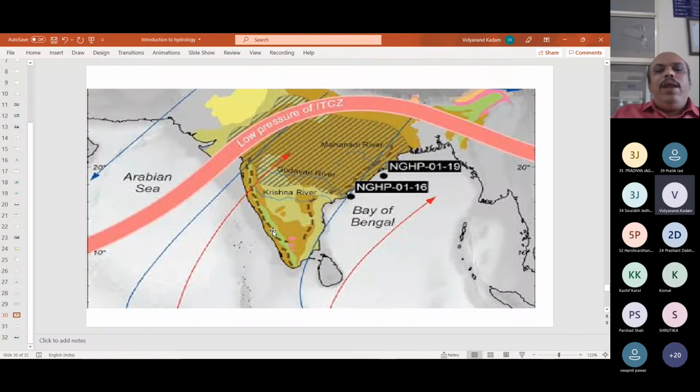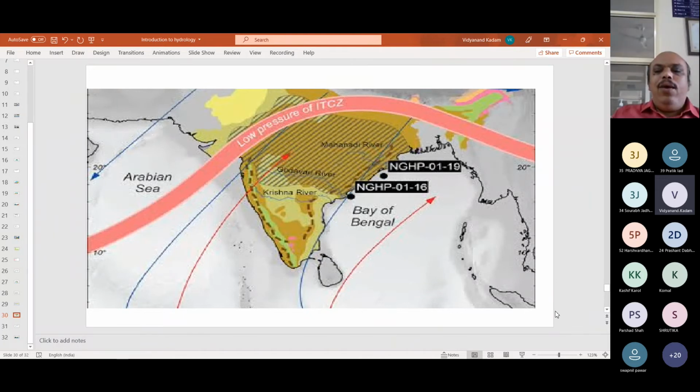Due to that, at this point, it is at first divided into two branches. One branch will go parallel to the Sahyadrian mountains, and the other branch will go parallel to the eastern coast.